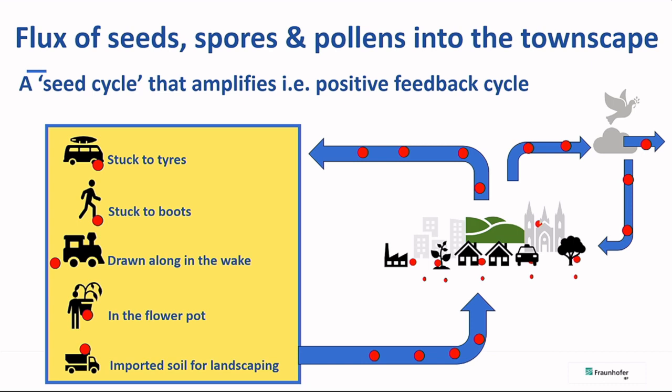And to some extent, you can think of the city as a seed source, and seeds go up into the atmosphere by birds and wind, and that enriches the surrounding countryside over here, and some of it goes back. So I think there is a need for a little bit of mathematics, which I haven't done, to look at this idea that there is a positive feedback cycle that amplifies the presence of plants in cities. Obviously, the climate has to be right.